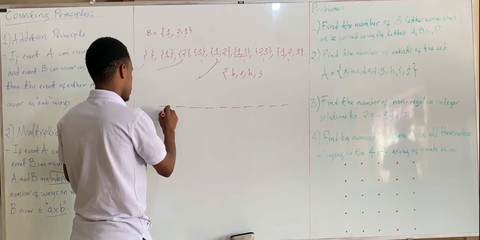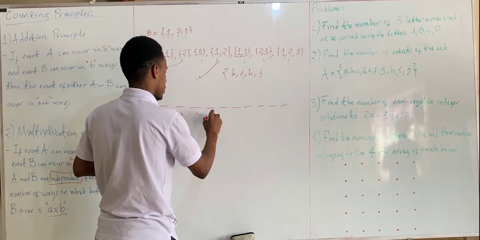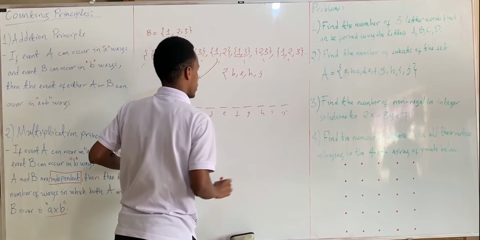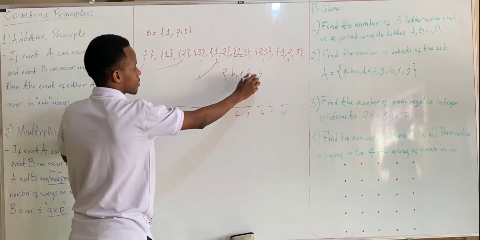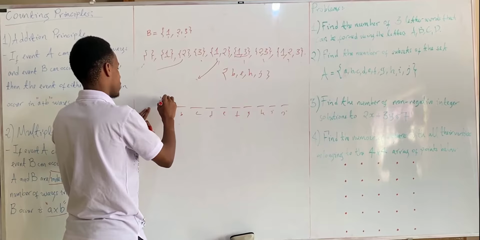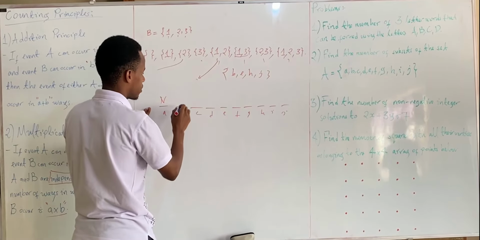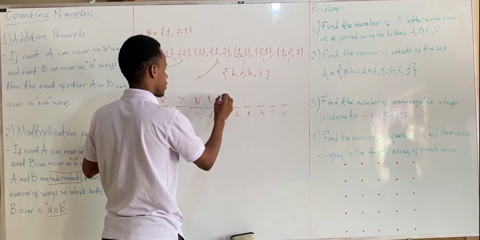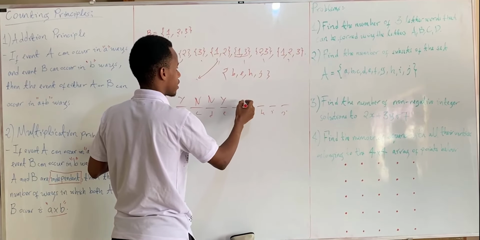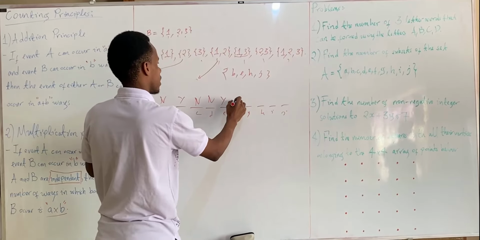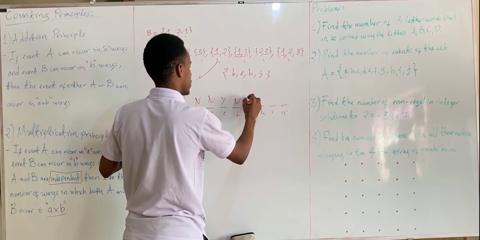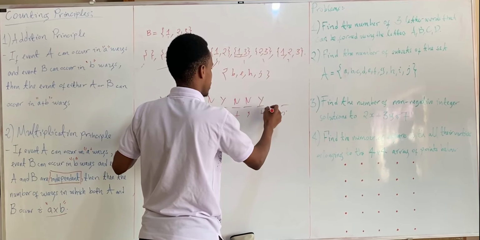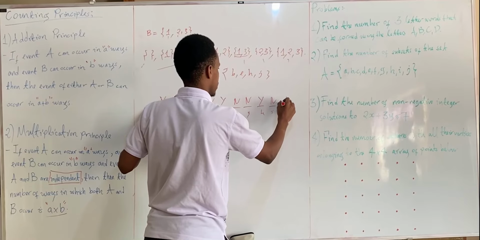We say this is for A, this is for B, this is for C, D, E, F, G, H, I, and J. Because this subset does not contain A, you write a no for A. Because it contains B, you write a yes for B. Then C is a no, D is a no, E is a yes, F is a no, G is a no. Then because H is contained here, you write a yes, then no, then yes.